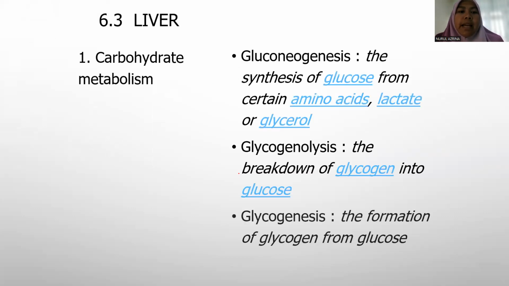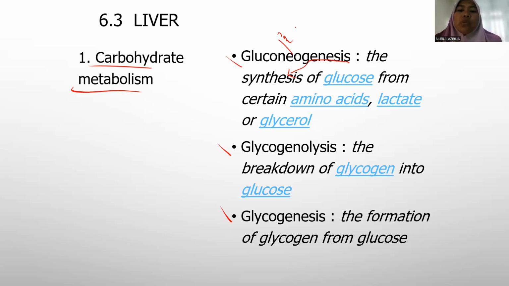The first one is that the liver helps in the metabolism of carbohydrate via 3 processes. The first is gluconeogenesis. Genesis means synthesis, and neo means new, to build something new.